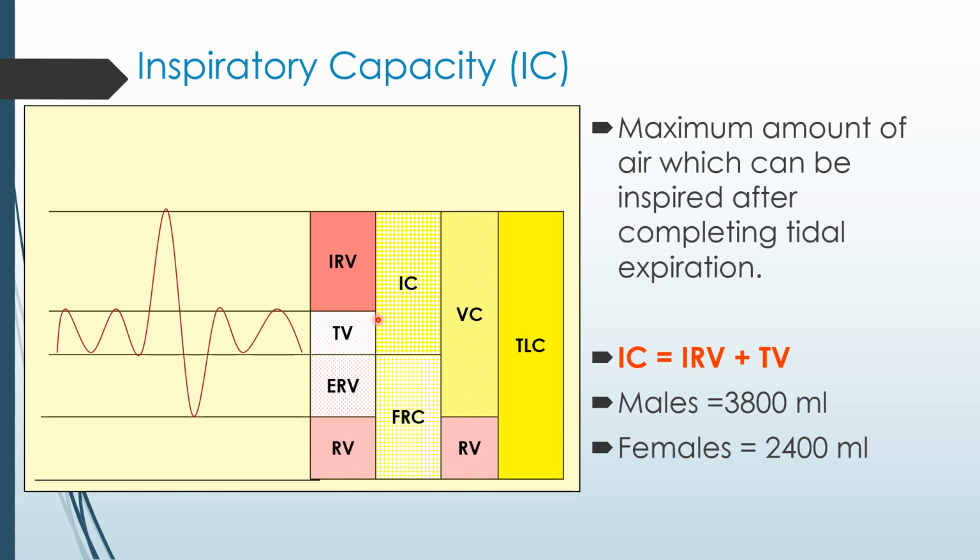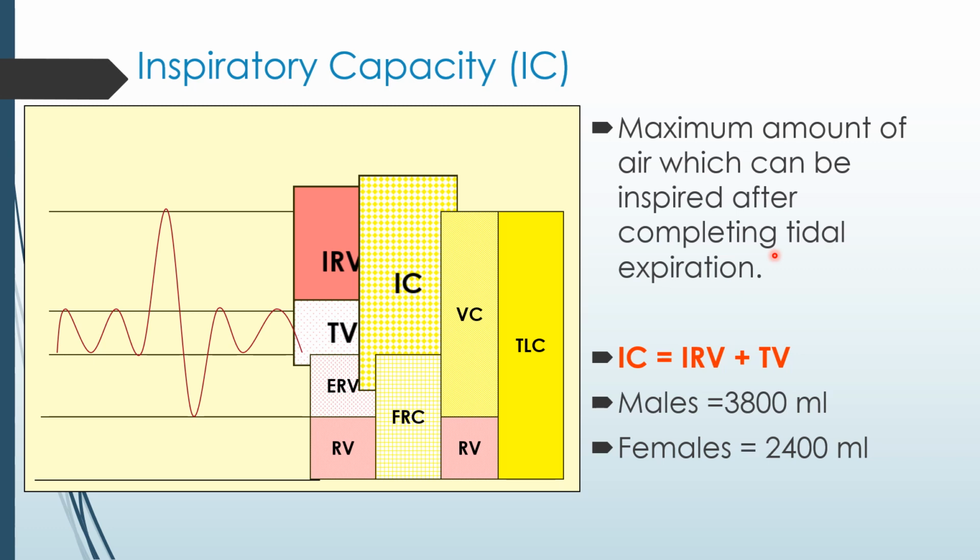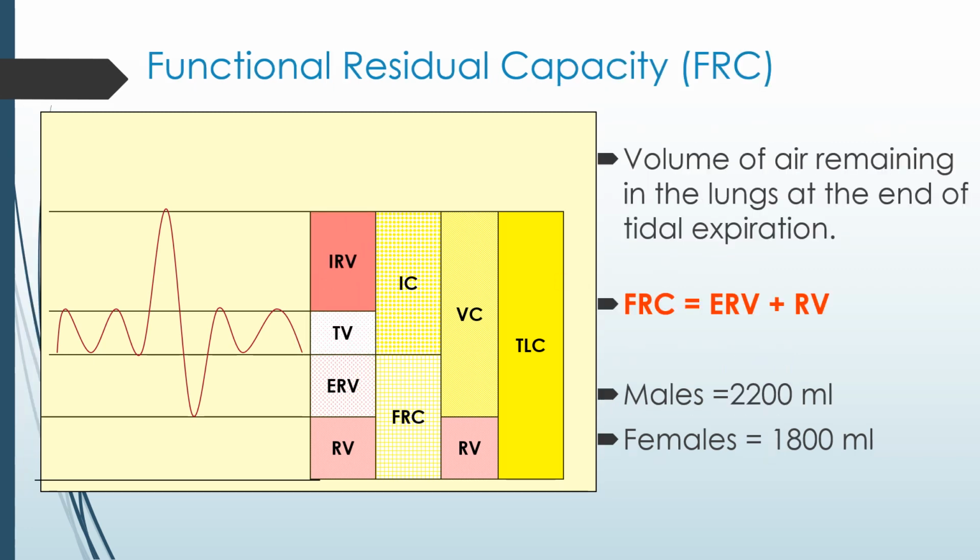In males it is 3800 milliliters, and in females 2400 milliliters. So IRV and tidal volume together are called inspiratory capacity.